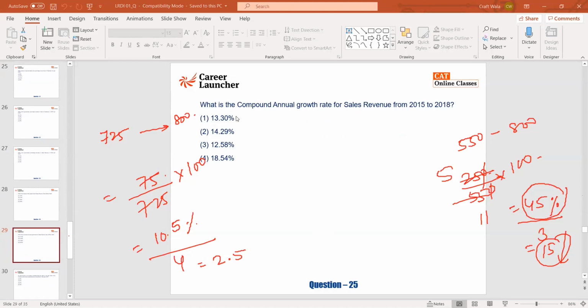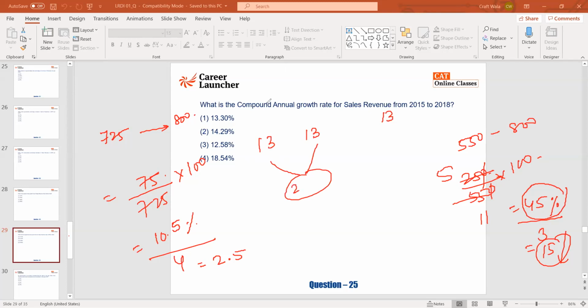Now let's look at which one, 13, 14 or 12, will give me 45 if I do successive percentage 3 times. Right? I have to do 3 times because 15 to 16, 16 to 17, 17 to 18. 3 cycles are there. Let's do for 13, 13 being the middle value. If I do for 13, 13, 13. 13 and 13 combine will give me what?